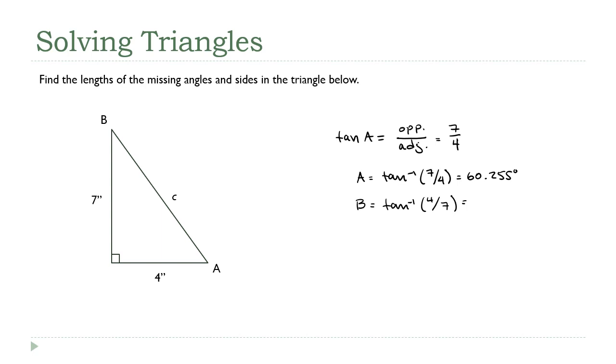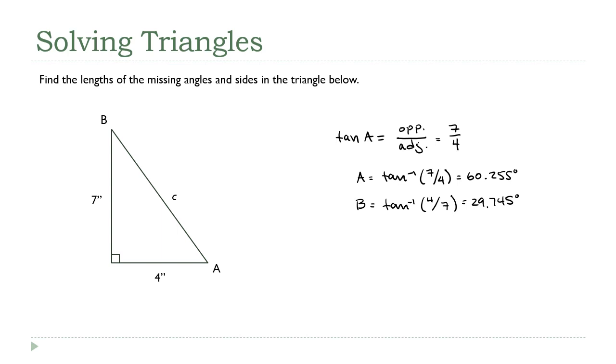Remember, all three angles have to add up to 180 degrees. So 180 minus 90 minus that 60.255 is going to give us 29.745 degrees. Either way is fine. Either way is going to get you the right angle, whichever way you think is simpler.